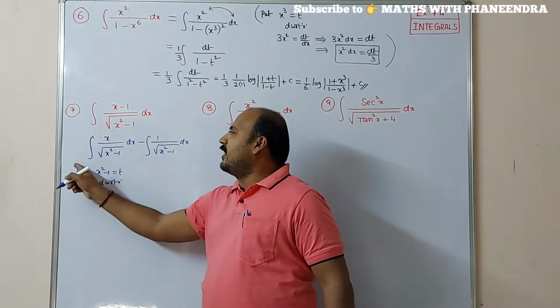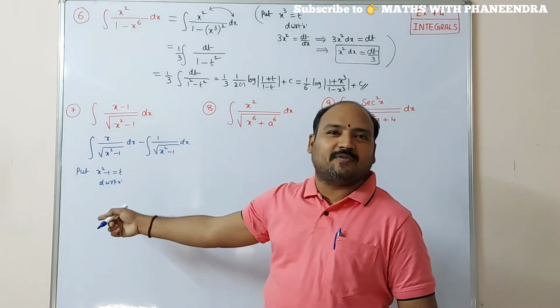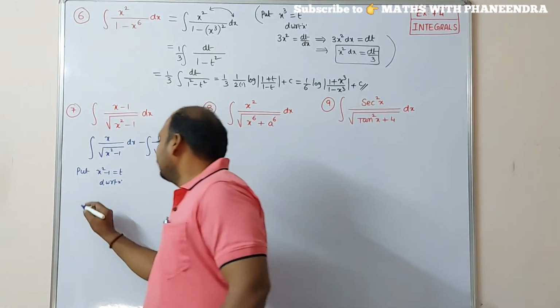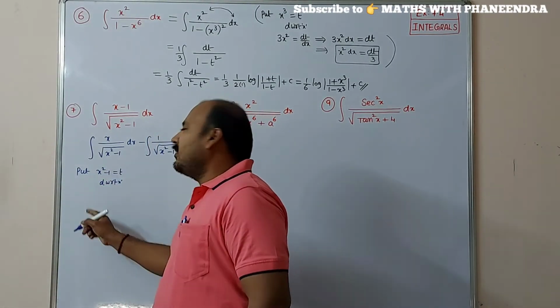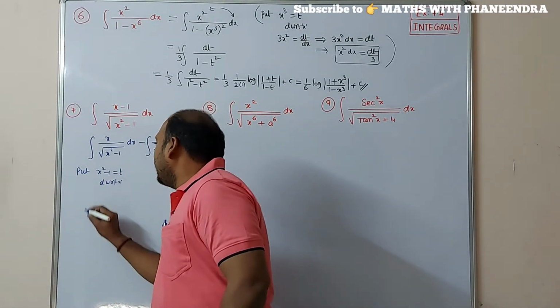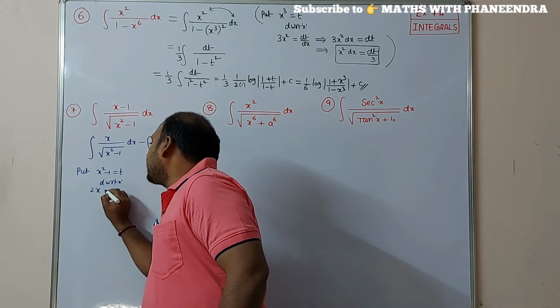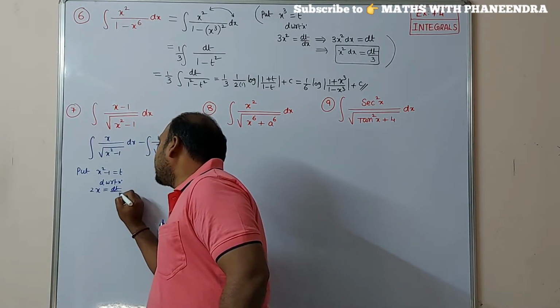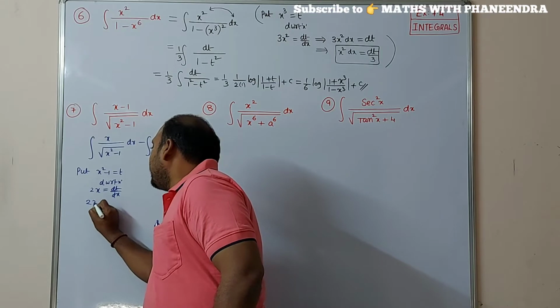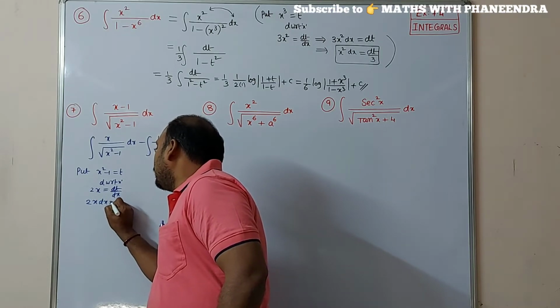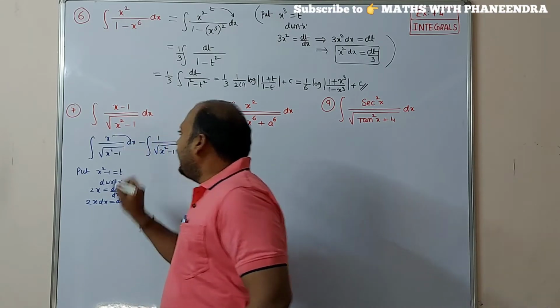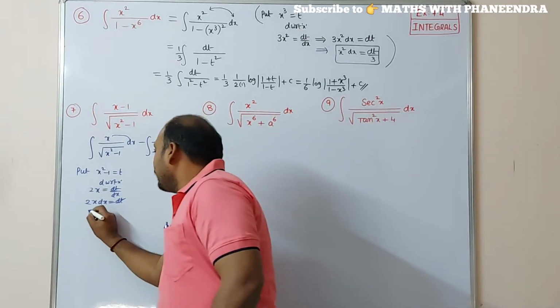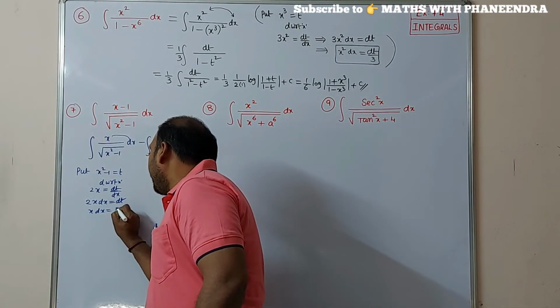Otherwise, multiplying and dividing by 2, we can write f dash of x by root f of x. Given that formula, but the assumption method only I am giving here. So 2x is equal to dt by dx. Cross multiply, 2x dx is equal to dt. But I want only x dx. So x dx is equal to dt by 2.